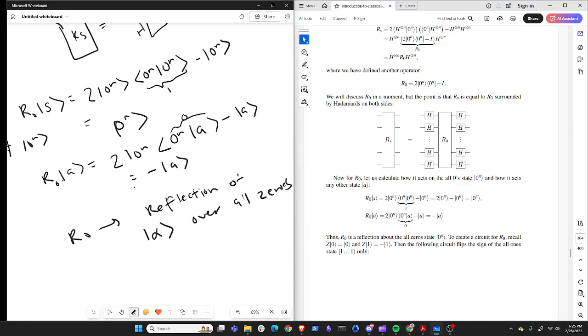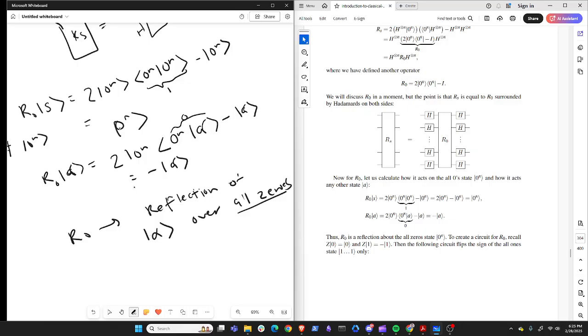When we applied the R sub 0 gate to alpha, it negated the amplitude of alpha, so it flipped it across the all-zero axis.